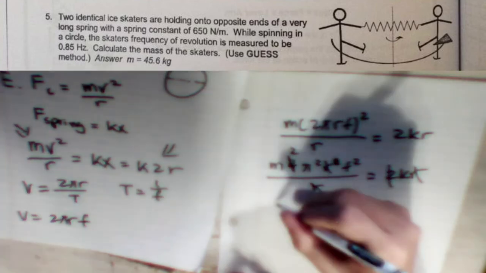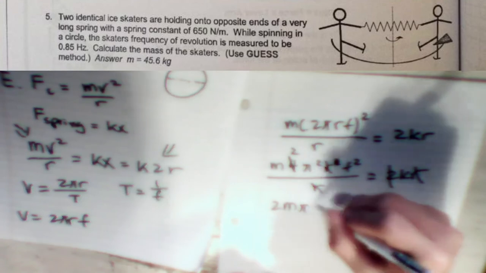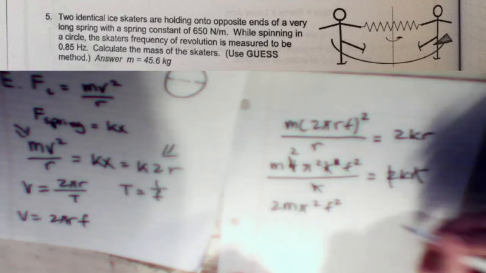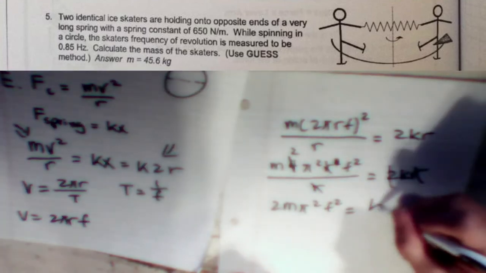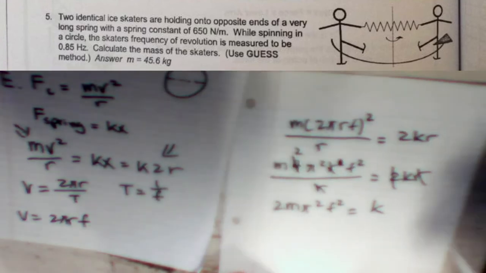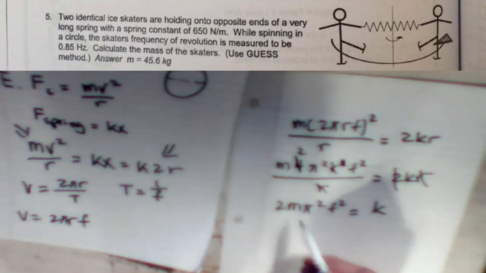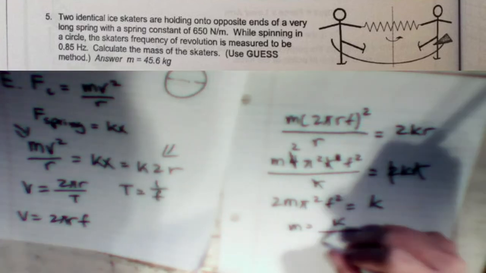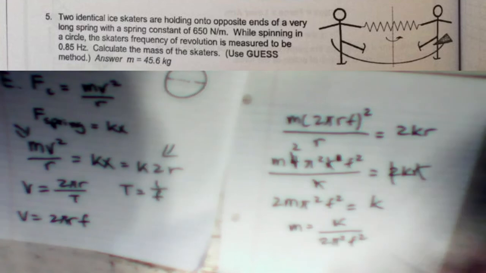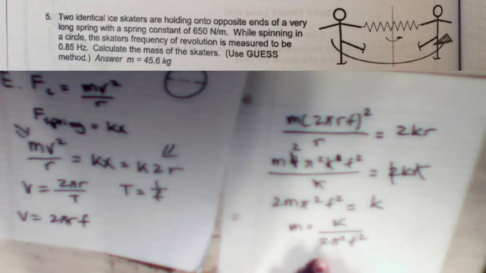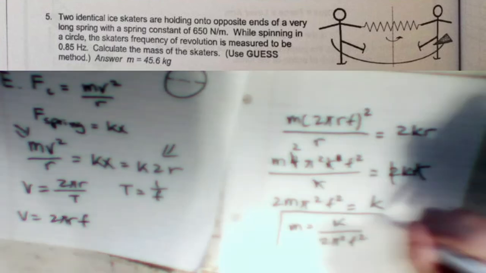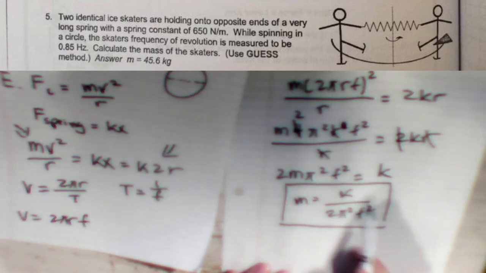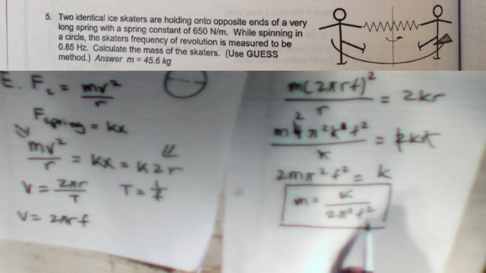So now we're left with 2 m pi squared f squared is equal to k. Great. Now we need to isolate m because we're trying to find m. So m is equal to k over 2 pi squared f squared, I believe. So this is your working equation.